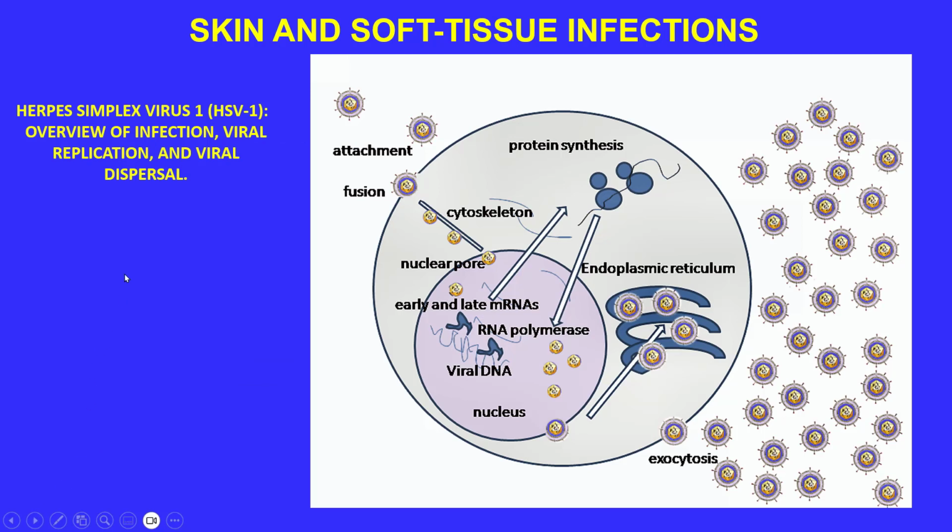And here is, of course, the review of the infection, viral replication, and viral dispersal. Here's the interesting thing. You have the attachment by the virus, and then it comes in and delivers into the nuclear pore the necessary information. You have RNA polymerase.